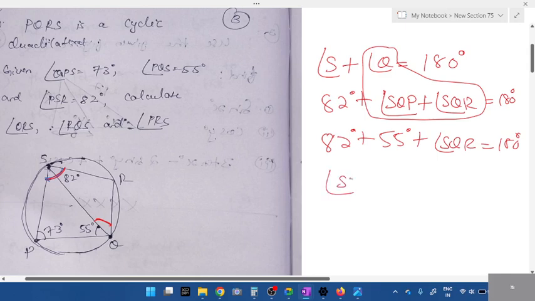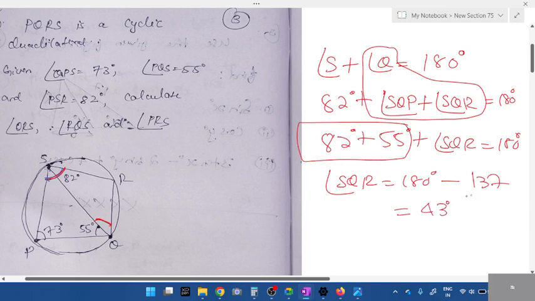Next, angle SQR is 180 minus 82 plus 55, how much is it? So what is this angle? 43. You can do it like this.